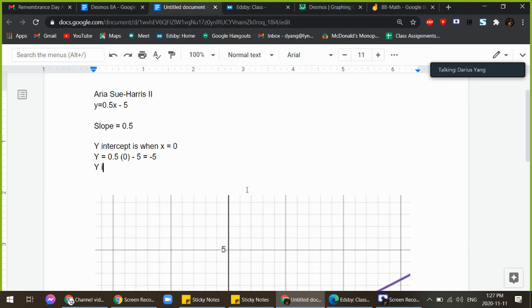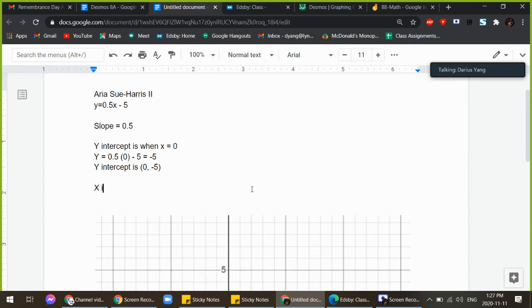So the y-intercept is negative 5. It's a number. Oh, 0, negative 5 is a coordinate, because it passes through a point, not a number. Cool. And then the x-intercept is when y is 0.